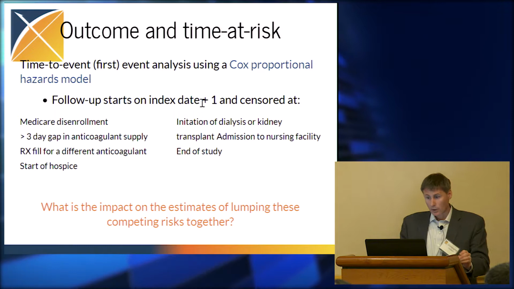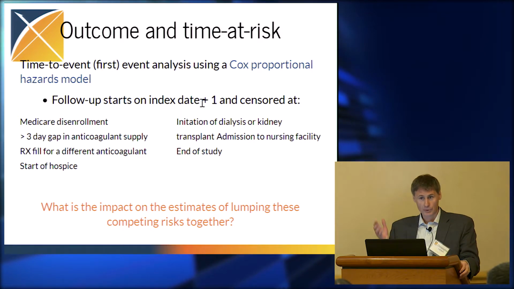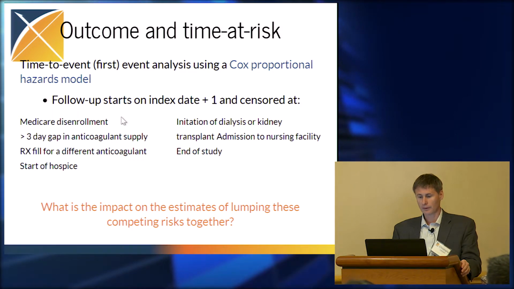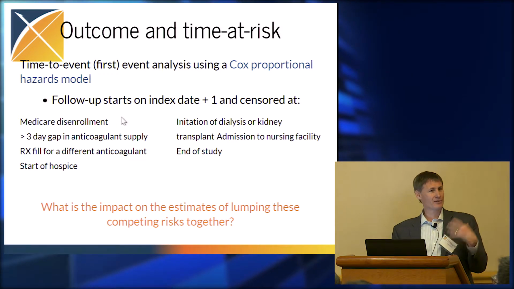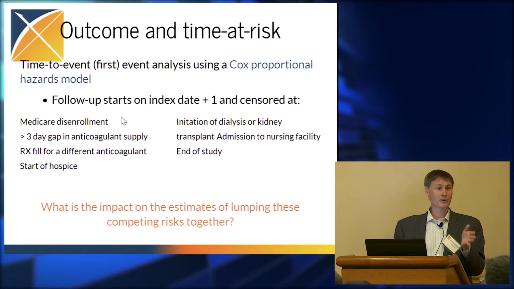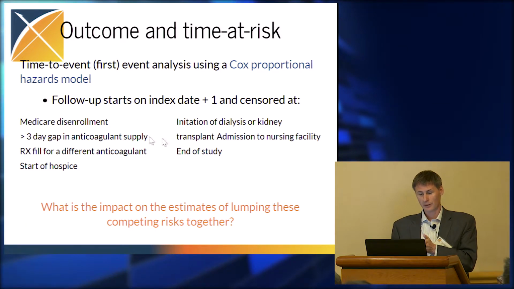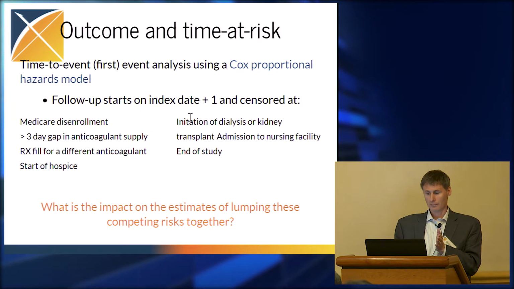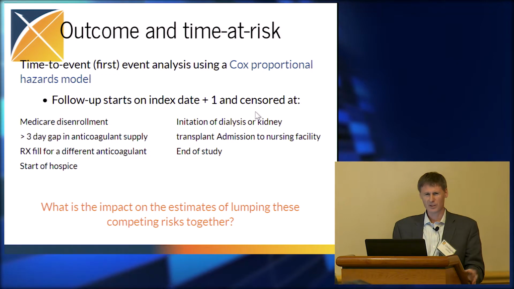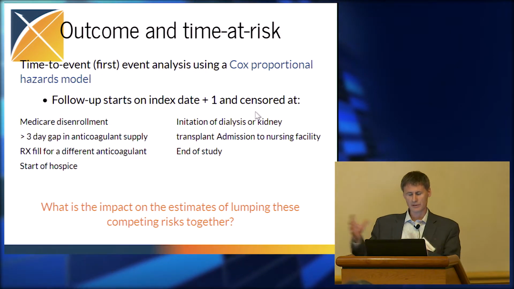So for the outcome and time at risk, they were using a Cox proportional hazards model. And they put a whole bunch of things into right censoring, correct? So the first of all of these different events could be right censoring or one of the outcomes of interest. What do you think the impact is of lumping all these into competing risks?